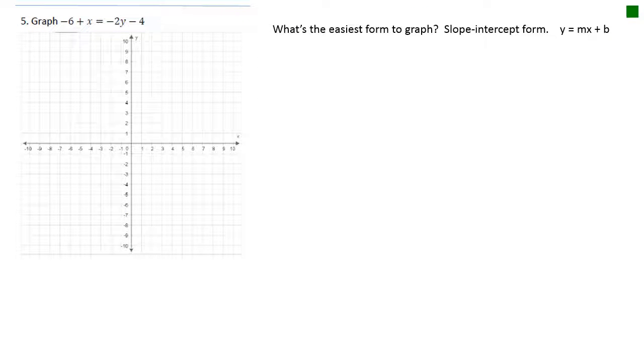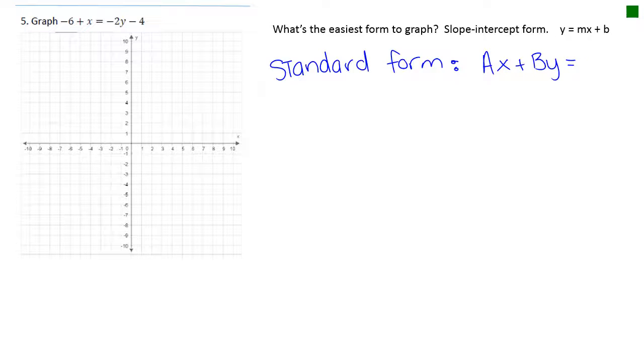Looking at number 5, we have -6 plus x is equal to -2y minus 4. So right away when we look at this equation, it doesn't look like any of the forms that were given. So remember we have these three forms. We have standard form, which is ax plus by equals c.